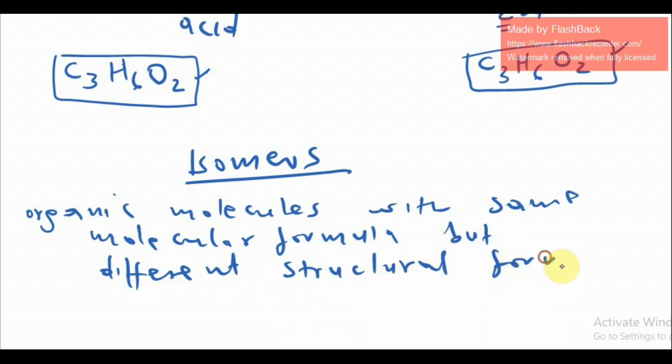These are known as isomers, which means compound A and B are isomers. They have the same molecular formula but different structural formulas.